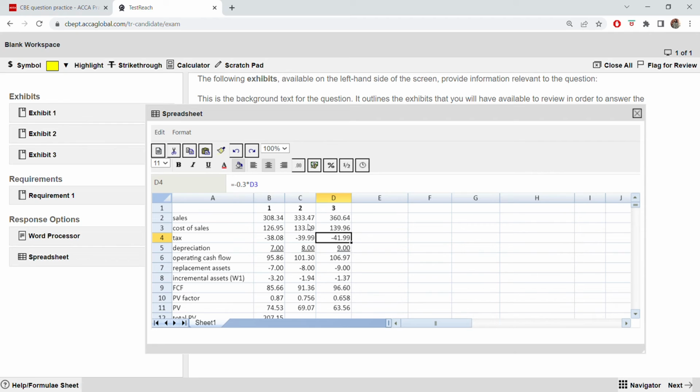Okay, underline. Now what is it? Gross profit. Okay, so gross profit, when you're taking it, make sure that these are minus numbers that you are taking.